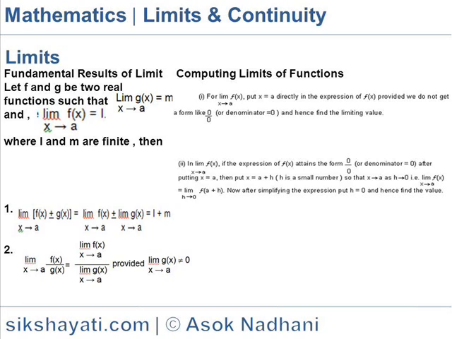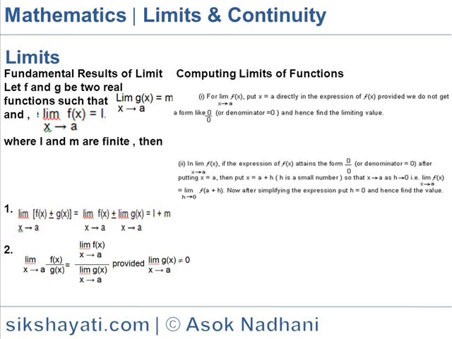Continuing, limits of function. For limit f(x) as x tends to a, put x is equal to a directly in the expression of f(x), provided we do not get a form like 0 by 0 or denominator 0, and hence find the limiting value. In limit f(x), if the expression of f(x) attains the form 0 by 0 or denominator is equal to 0 after putting x is equal to a, then put x is equal to a plus h, where h is a small number, so small that as h tends to 0, x tends to a.